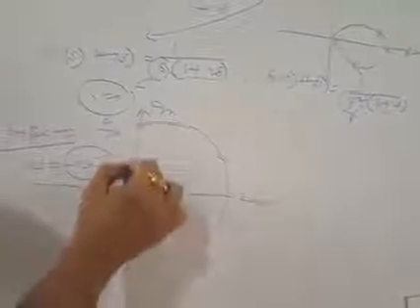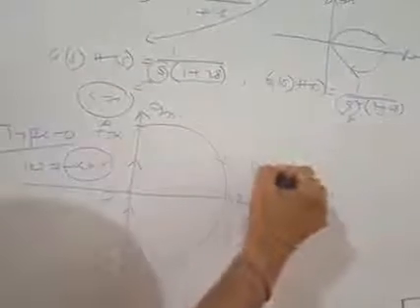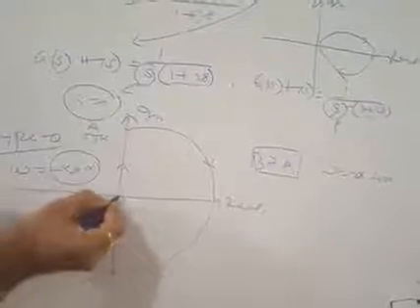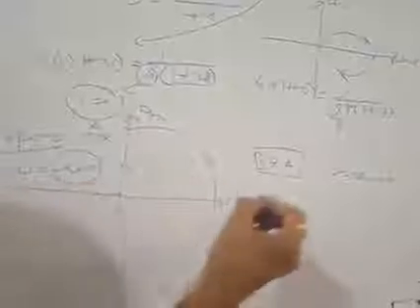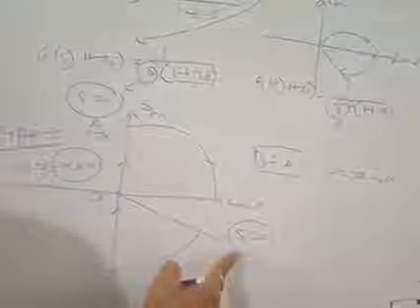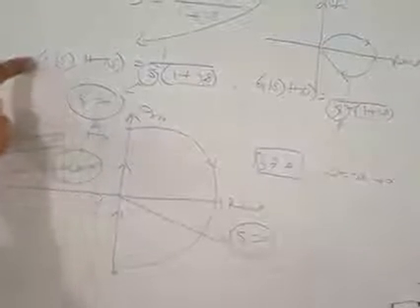Now when you move from B to A, you are varying the frequency omega from minus infinity to plus infinity. What happens? See this point, that is origin. That means in this position the value of s is equal to 0. Now if you put s equal to 0 in the transfer function of type 1, what happens?